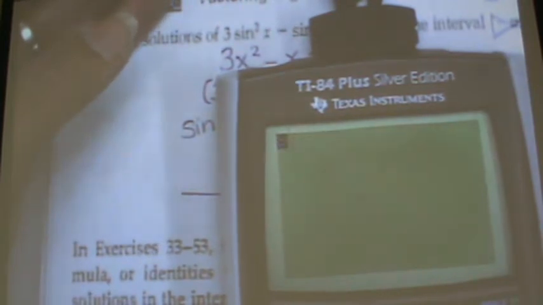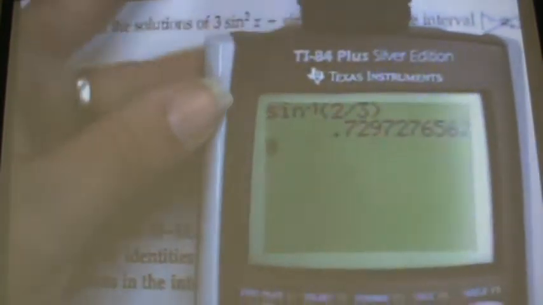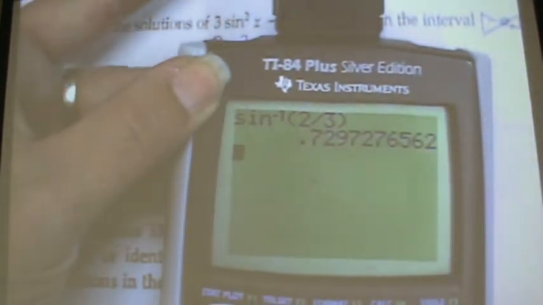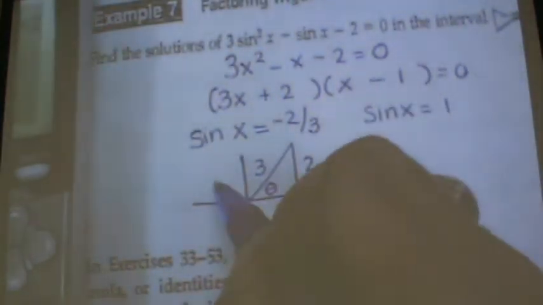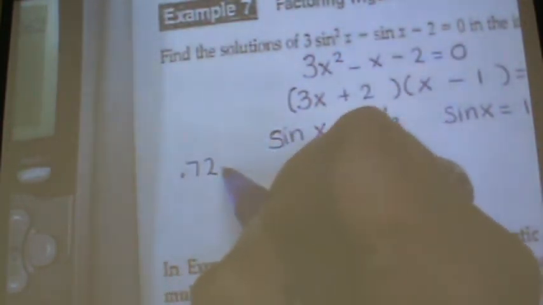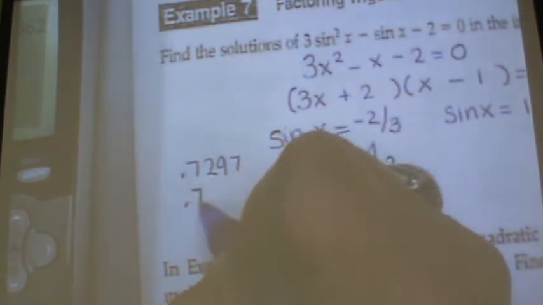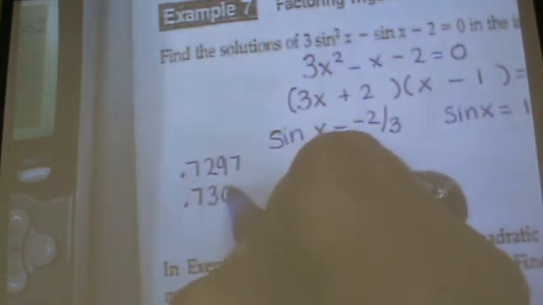You're going to hit second for this sine, and then 2/3. Your reference angle is 0.7297. Or if we round to 3 decimals, 0.730.